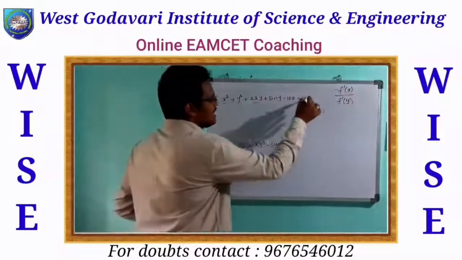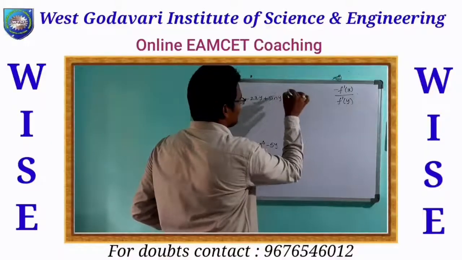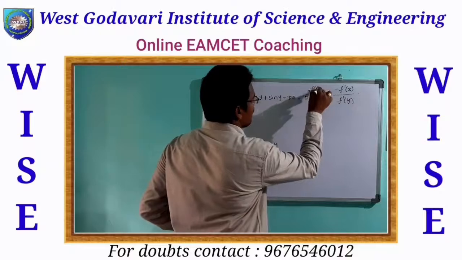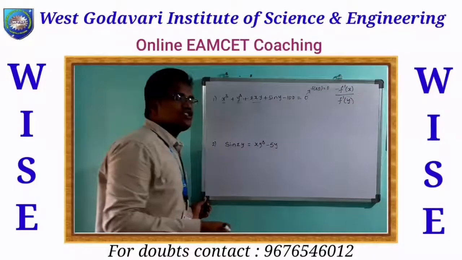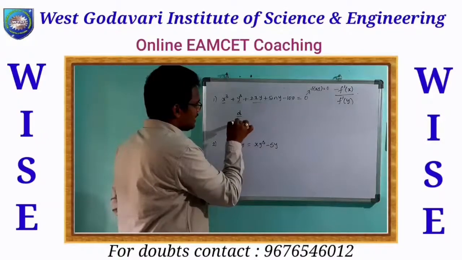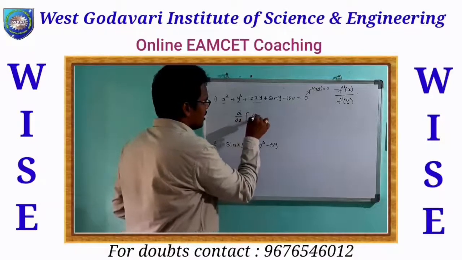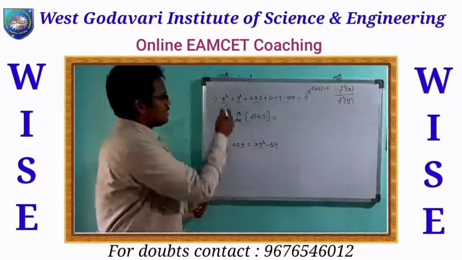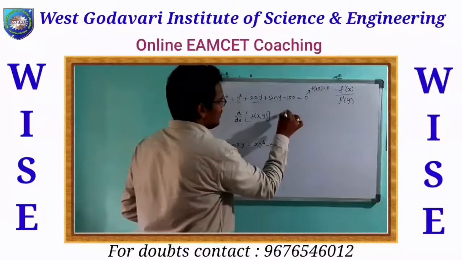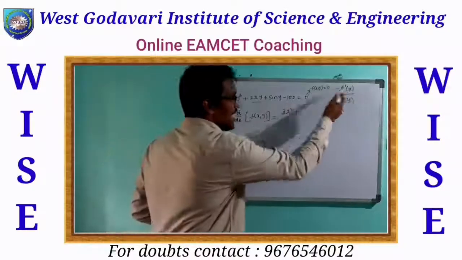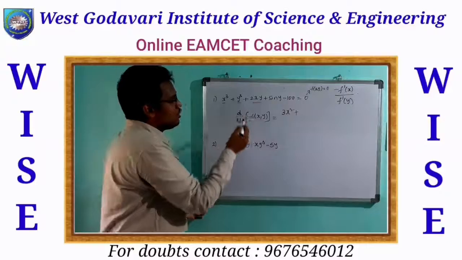So friends, here it is the f of x comma y function. f of x comma y is equal to 0. Now performing the differentiation, d by dx of f of x comma y is equal to, with respect to x, 3x square, and y is constant when differentiating with respect to x, so it becomes 0.